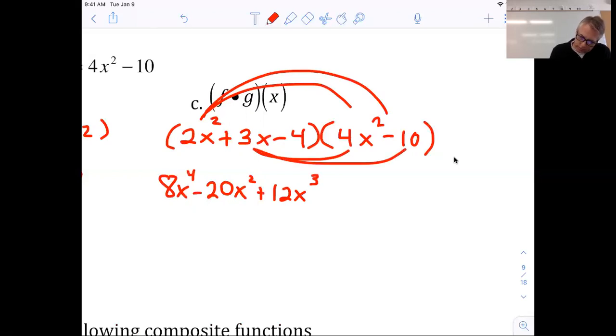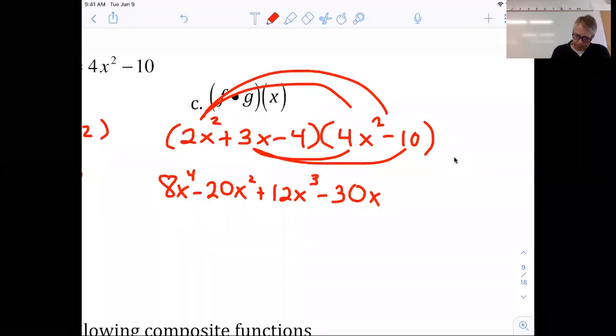And then 3x times negative 10 will be minus 30x. And then negative 4 times 4x squared is minus 16x squared. And negative 4 times negative 10 is positive 40.